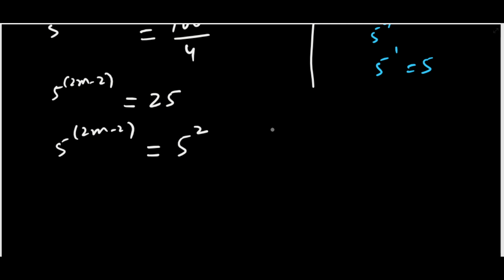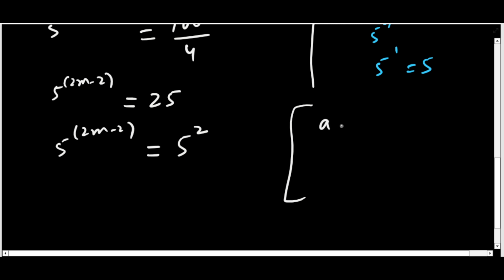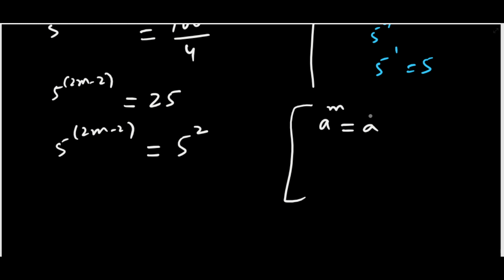Now, as I told you in my previous video, whenever we have the same base in the equation, then the powers will be equal. So we have the same base, 5 here and 5 here, then the powers will be equal. 2m minus 2 is equal to 2, right?